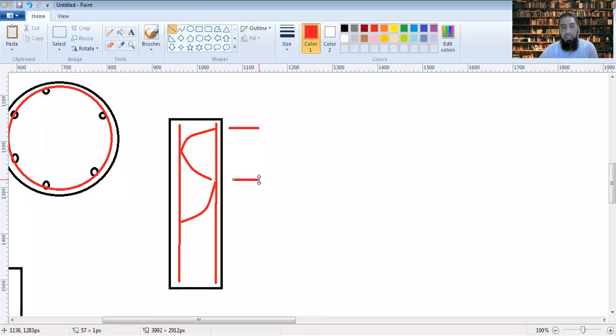So till this point, you will call it one pitch. Similarly, it goes like this, and then like this.